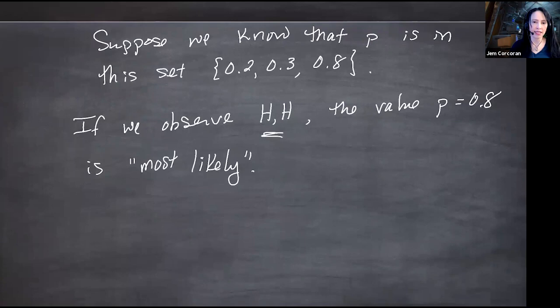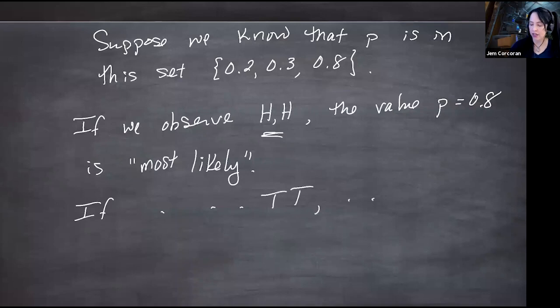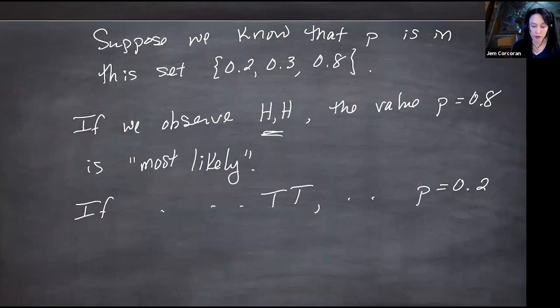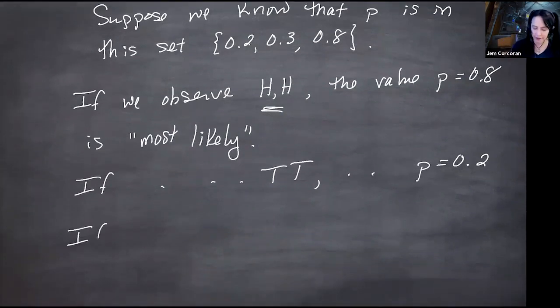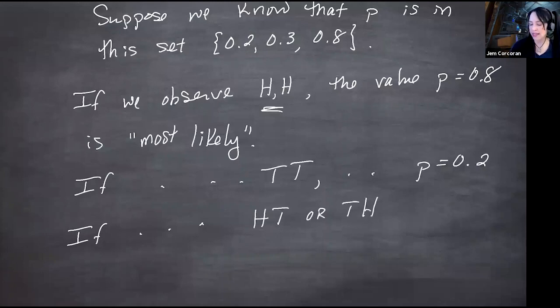And if we observe tails, tails, I'm going to go with the 0.2 because it seems like heads is not really coming up. So if tails, tails, the value of p equals 0.2 seems most likely, but again, we'll formalize. And if we see maybe heads, tails, or tails, heads, it seems that maybe something in the middle, not directly in the middle, but given these choices, 0.3 is most likely.